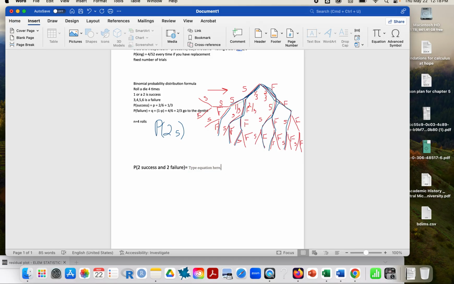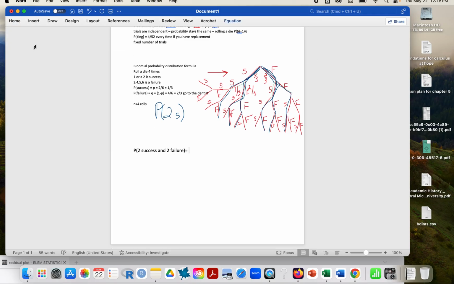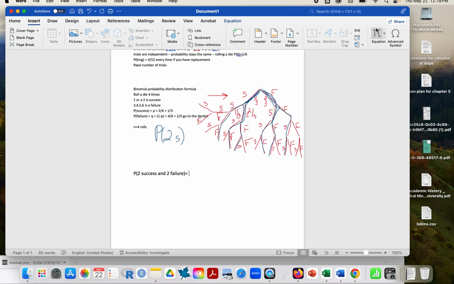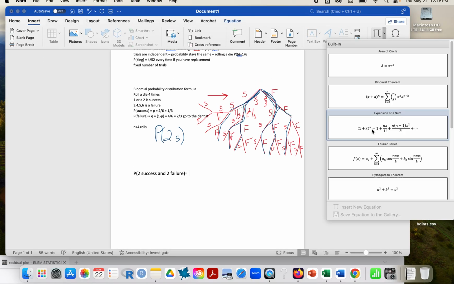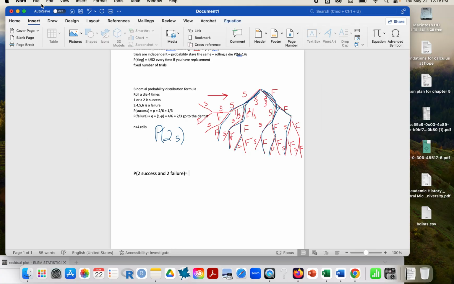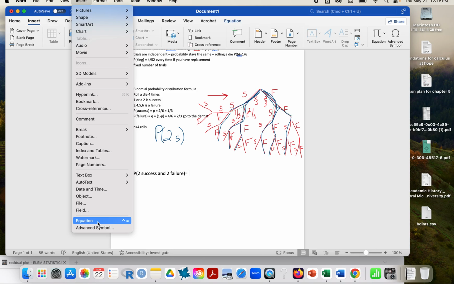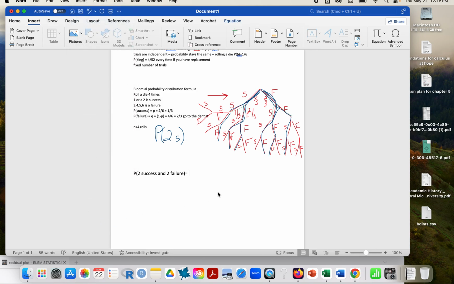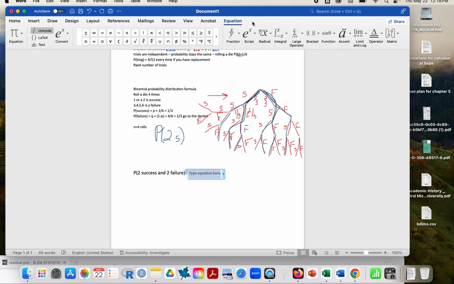Let me do something here. I'm going to pop that out. I'm going to go here to equation. Type equation here. There it is. That's what I'm looking for. Now I can get what I need. I don't know why it does that.